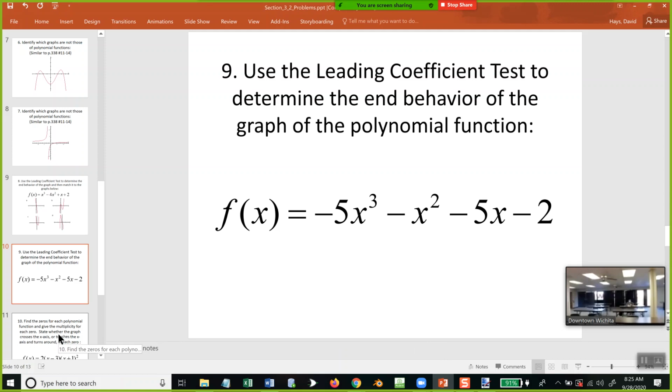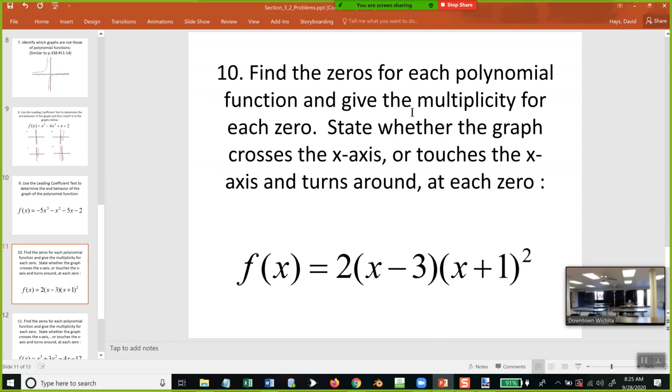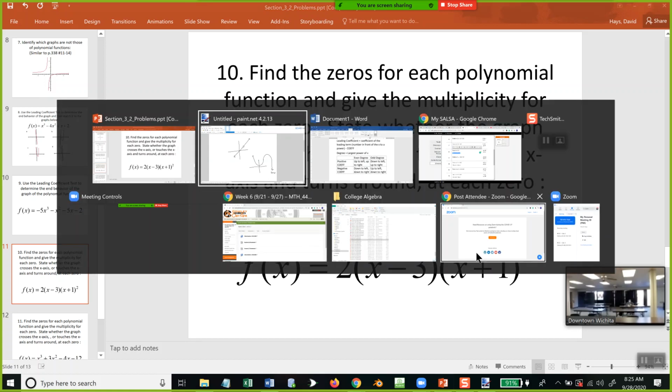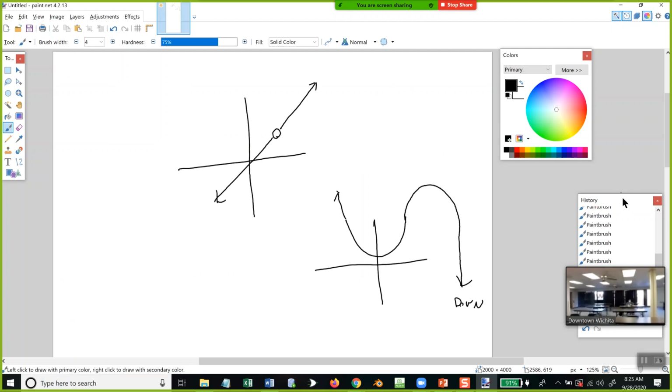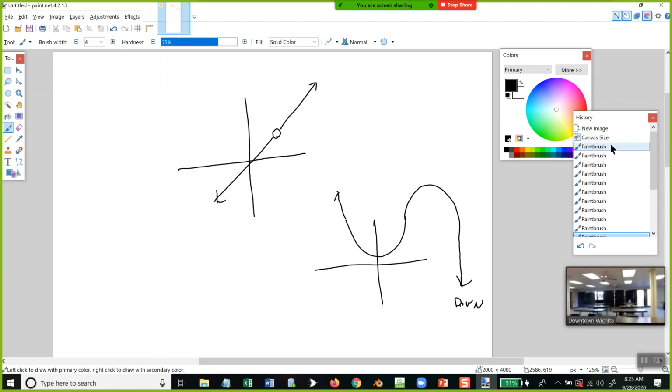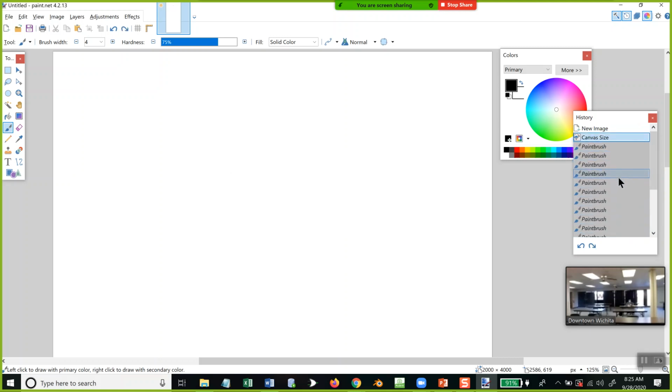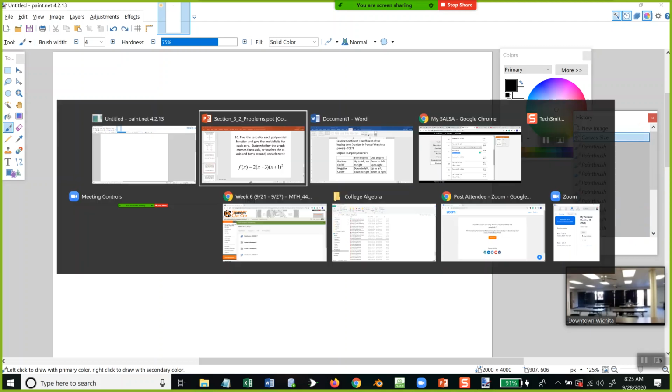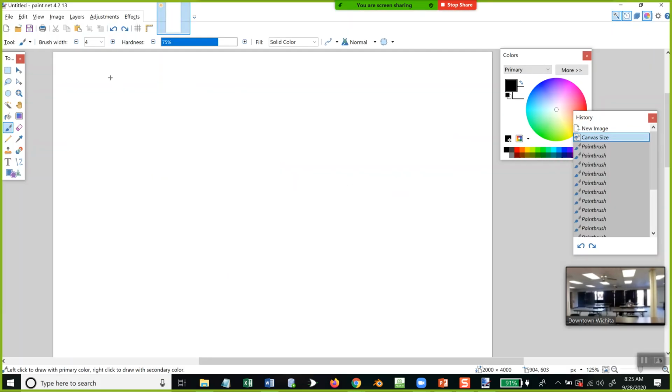Now this next problem covers some different definitions, and I like to do it by example, so I'm going to work this problem. For 10.